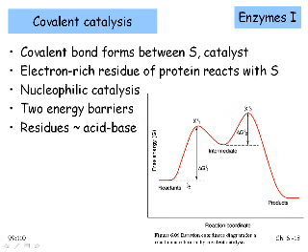In that case, you're going to have a more complicated reaction coordinate because you start with reactants, you make some kind of covalent intermediate, a transition state to get to the covalent intermediate, and then a transition state to get to the products. But you still have the situation where the free energy change associated with that is less than the uncatalyzed reaction. So this principle of altering the free energy change of the transition along the way still applies in the case of covalent catalysis.